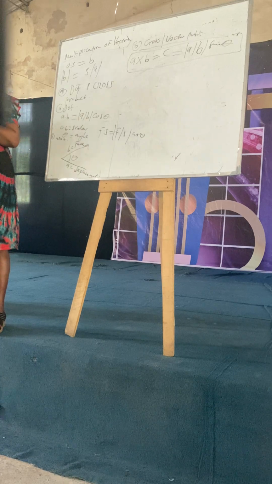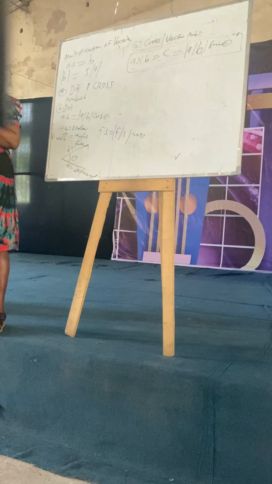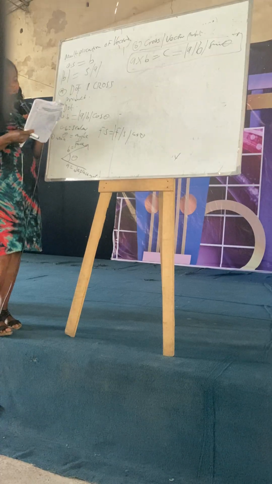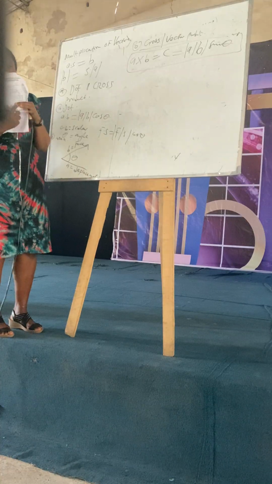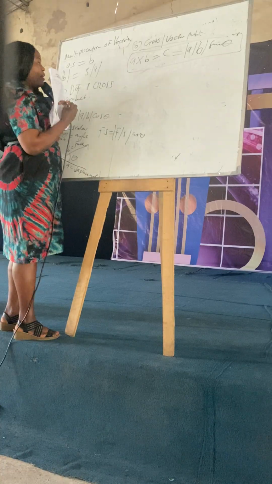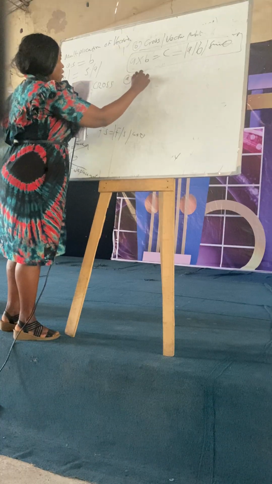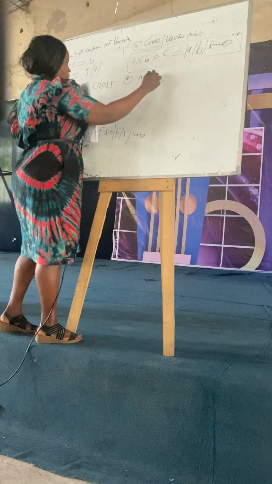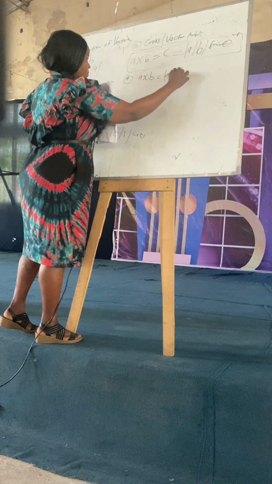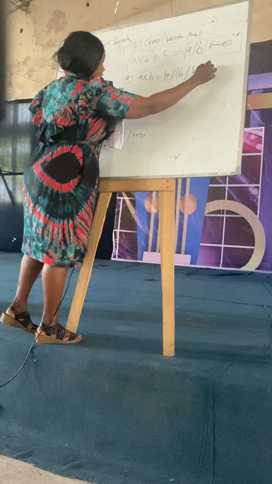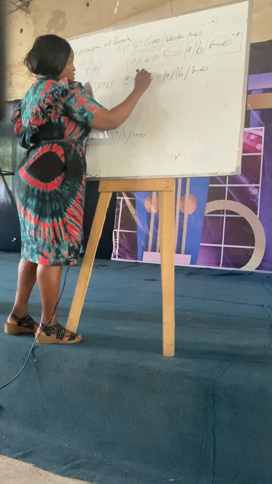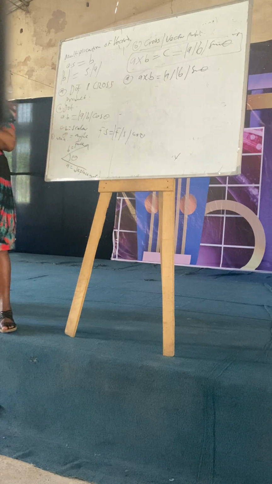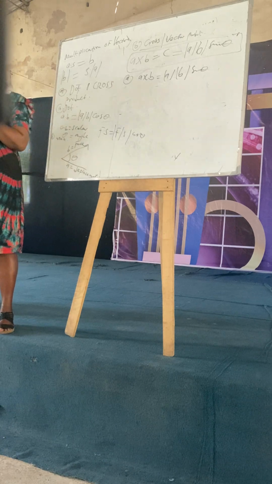Another application is that A cross B represents the area of a parallelogram with sides A and B. A cross B, which is this, AB sine theta, represents the area of a parallelogram that has sides A and B.